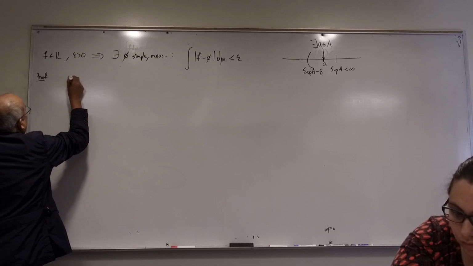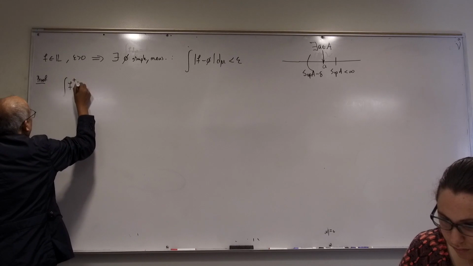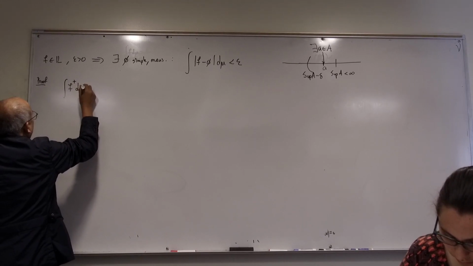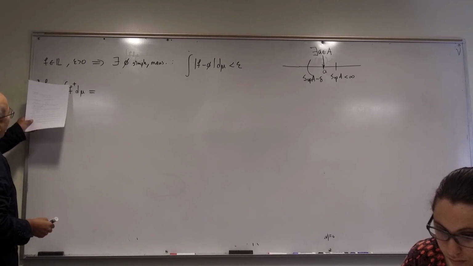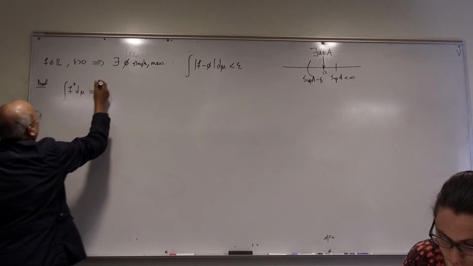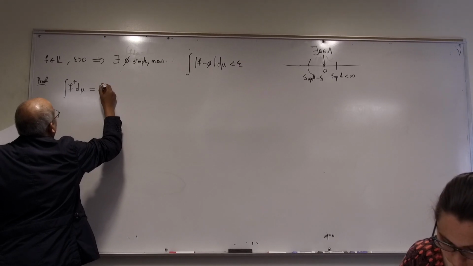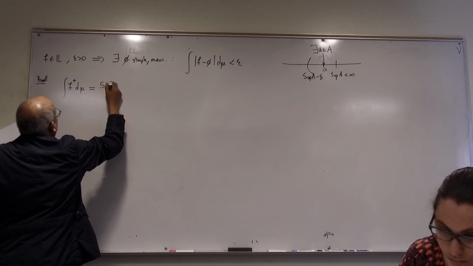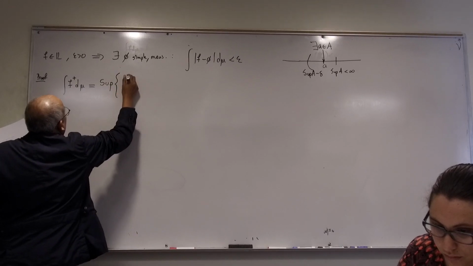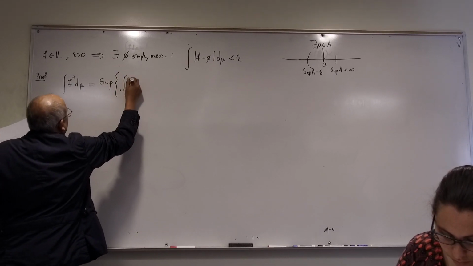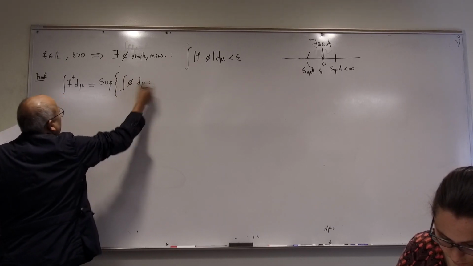By definition, the integral of f plus d mu, who remembers the definition for a function greater than or equal to 0? It starts with the supremum of integrals of phi d mu such that phi satisfies lots of conditions.